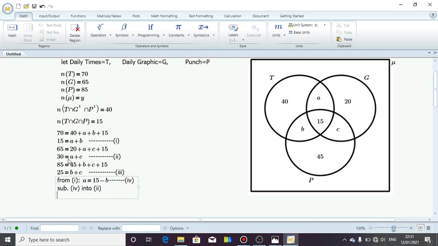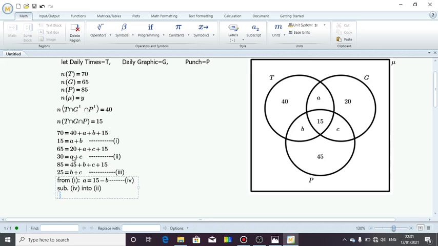So 30 equals a plus... and a is 15 minus b, which is 15. Oh, sorry, which is 40. Let me see.